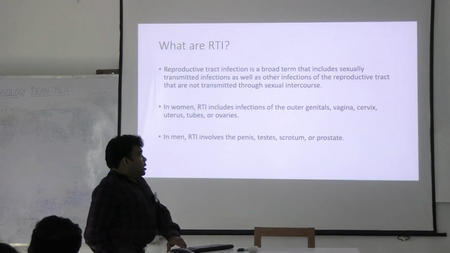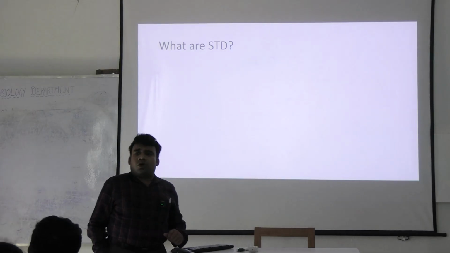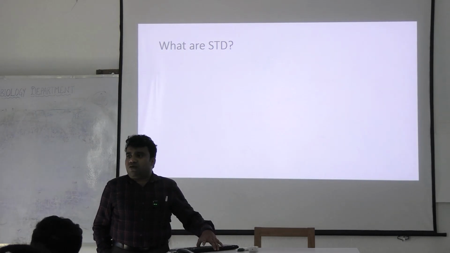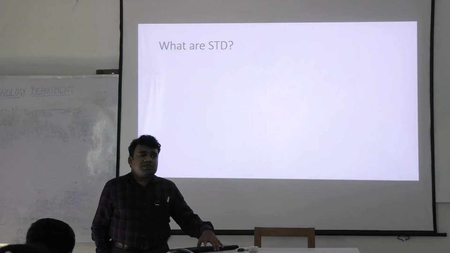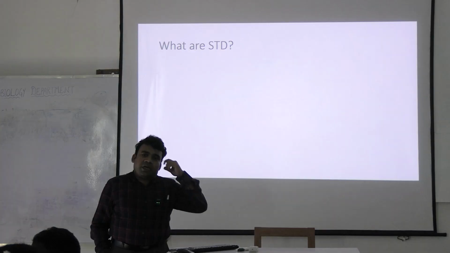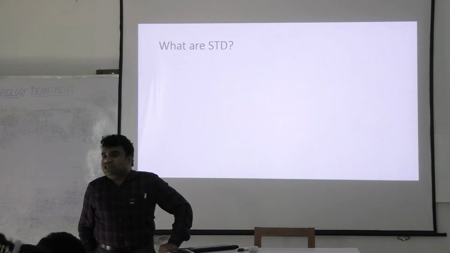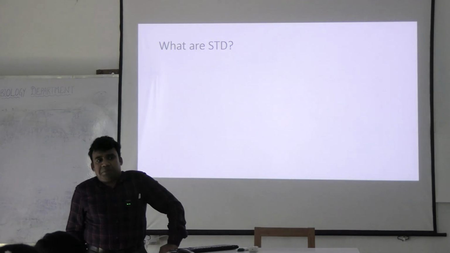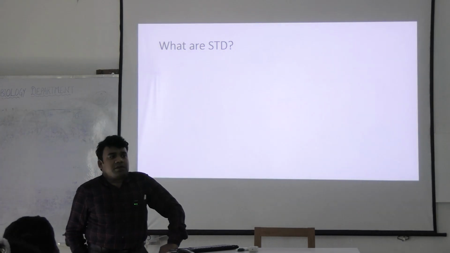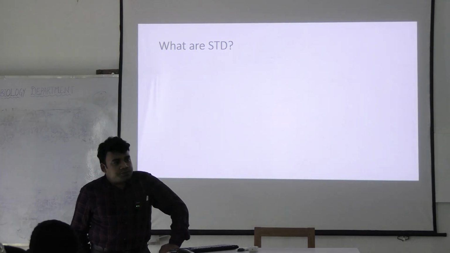Again, there is another terminology called STDs. STDs stand for sexually transmitted disease. Now keep in mind, over here we are talking about the mode of transmission. The disease may or may not affect the reproductive system or may even affect other systems also.